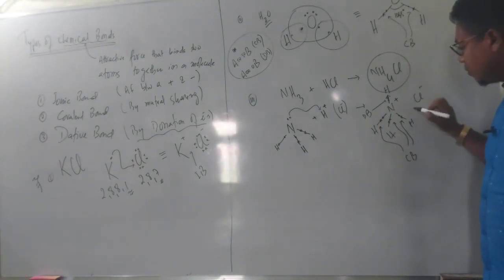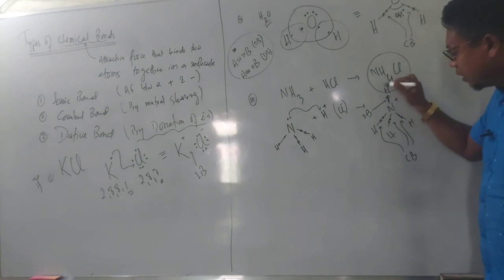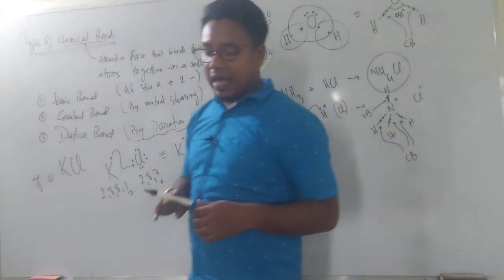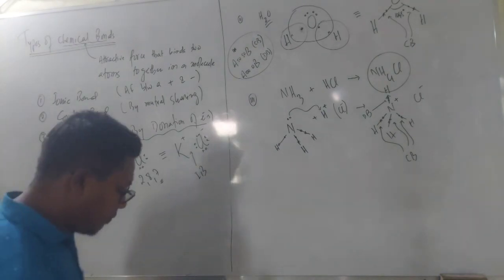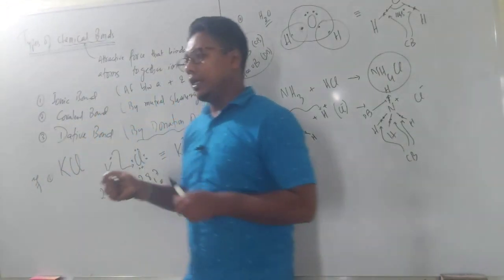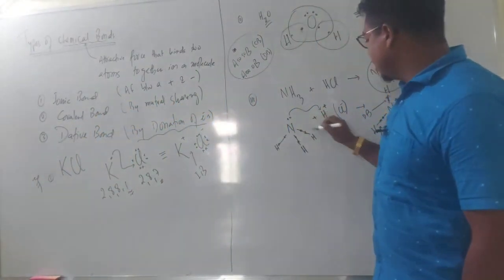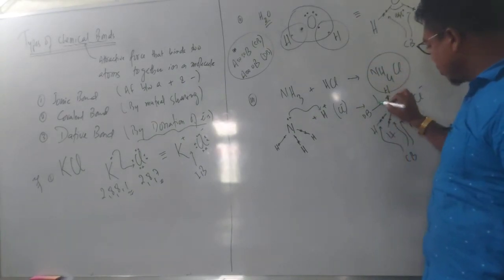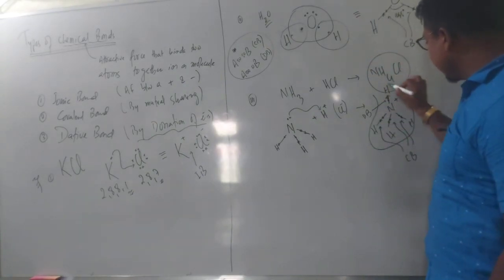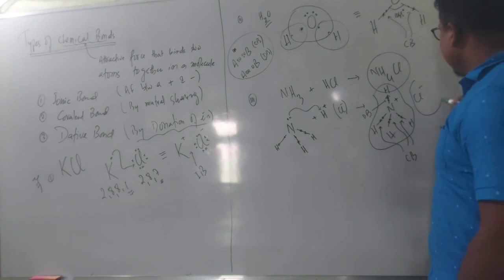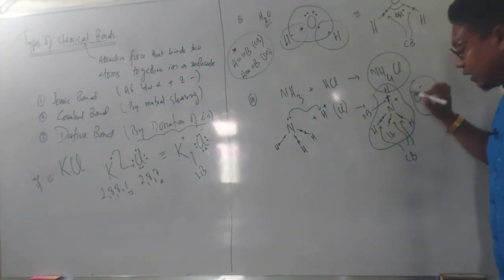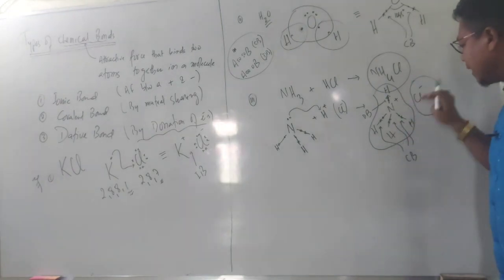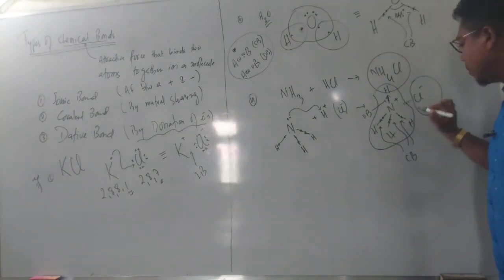So the whole ammonium ion is positive now. Let me write this with a different color. This is the ammonium ion, which is the cation here, and this is the chloride ion, which is the anion here.